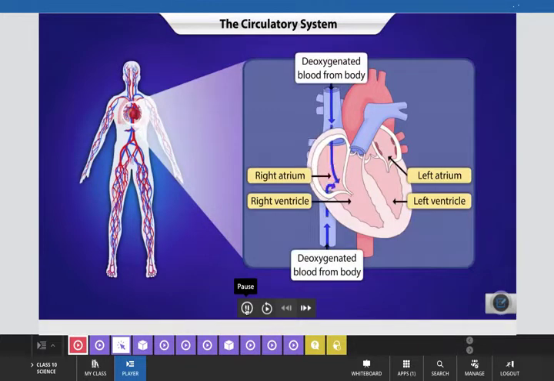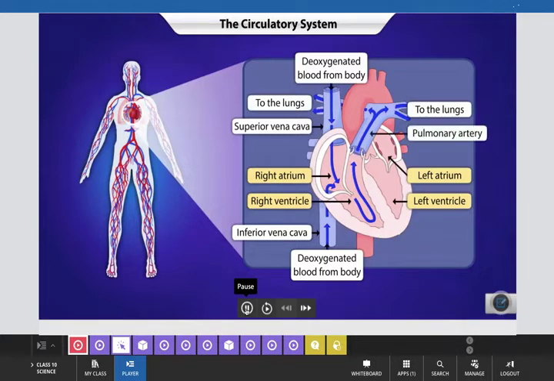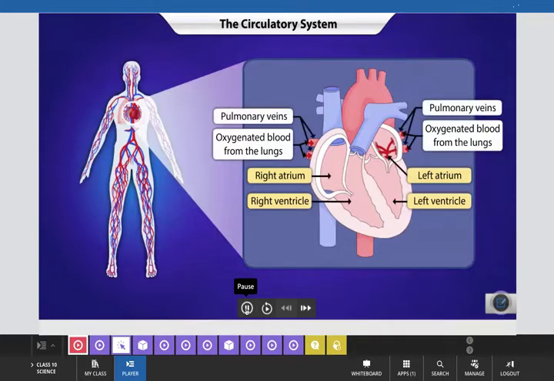Deoxygenated blood from the body flows into the right atrium through the superior vena cava and inferior vena cava. From here, the blood flows into the right ventricle, which then pumps it into the lungs via the pulmonary artery. The lungs oxygenate the blood, which then flows into the left atrium of the heart via the pulmonary veins.